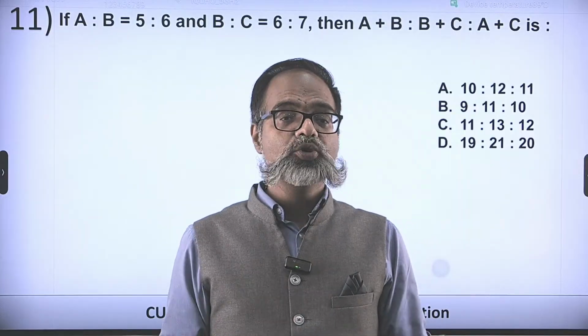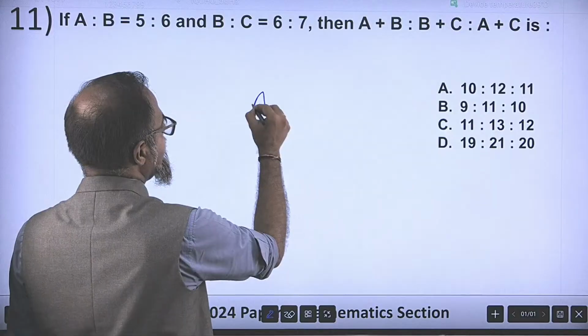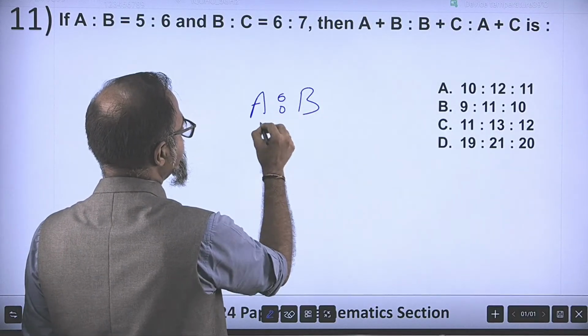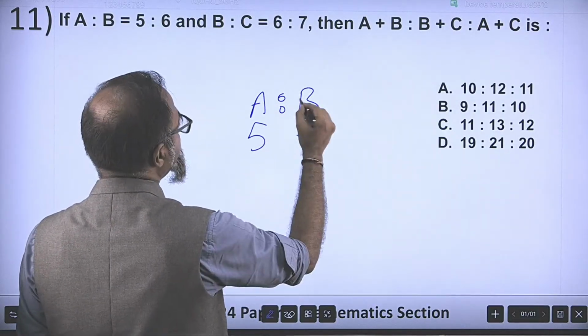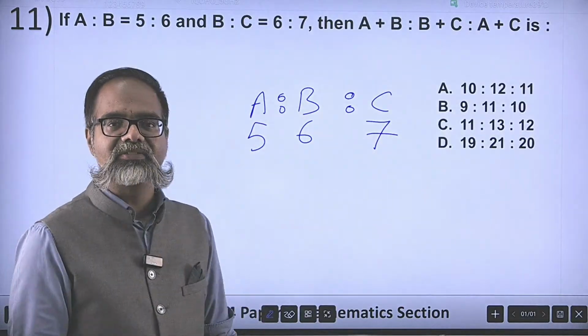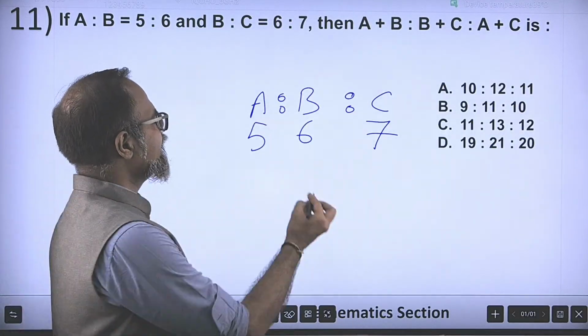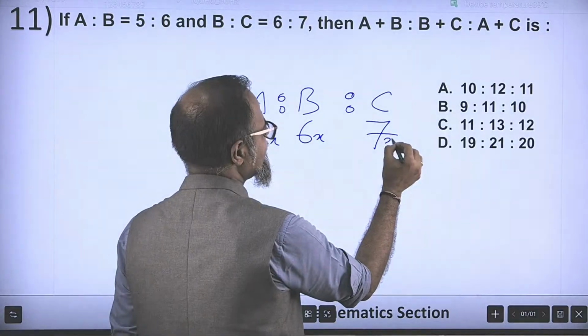If A is to B is 5 is to 6, and B is to C is 6 is to 7, the direct ratio is given. I don't even need to manipulate. So I can assume the numbers to be 5x, 6x, 7x.